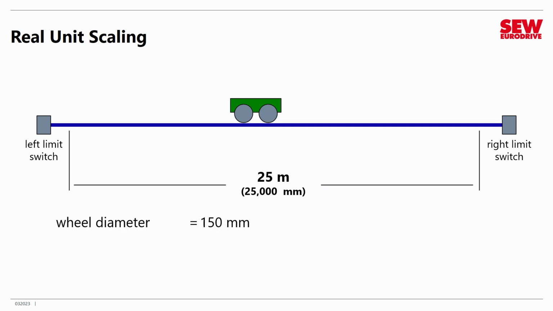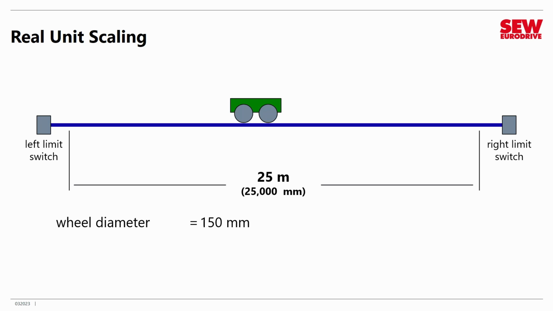We're going to say that the carriage moves by rotating its wheels. All right, so this isn't like a roller conveyor exactly, but actually, if you stop and think about it, it really is. But instead of moving a belt, the wheels are just moving the carriage. We need to know the wheel diameter so we can figure out what linear distance one rotation of the wheel is going to produce. Well, in this case, I've said our wheels are 150 millimeters in diameter.